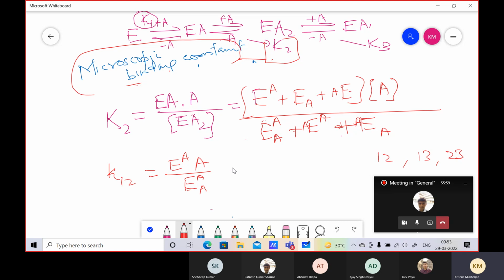Therefore EAA is equal to EA into A upon k12. And so we can find out k12, k13, k23, and so on. Can you now see what I am trying to do quickly?